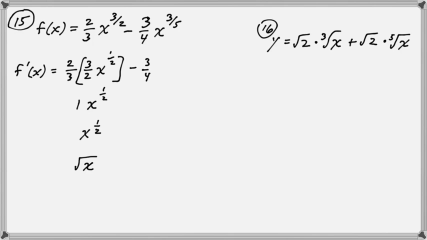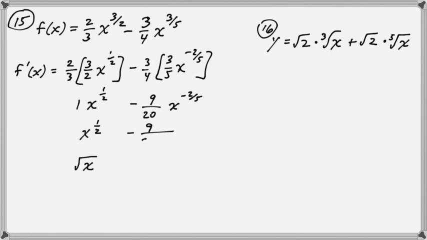Minus 3/4, I'm doing the next term. Power times base is x, 1 less power. 5/5 less than 3/5 is negative 2/5. So top times top, 9, bottom times bottom would be 20, and x to the negative 2/5.